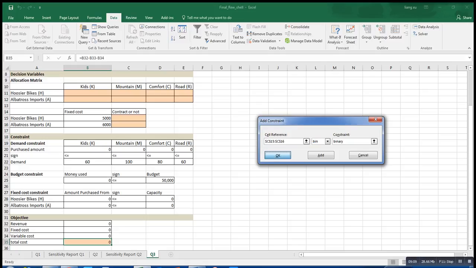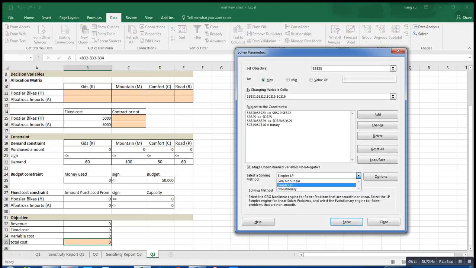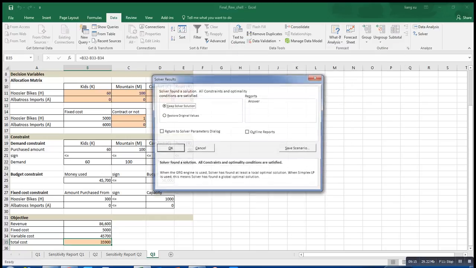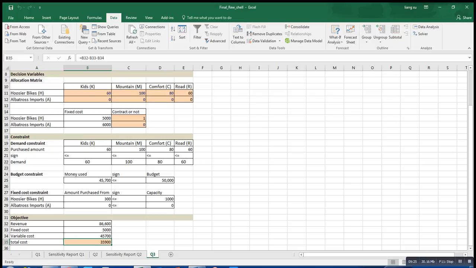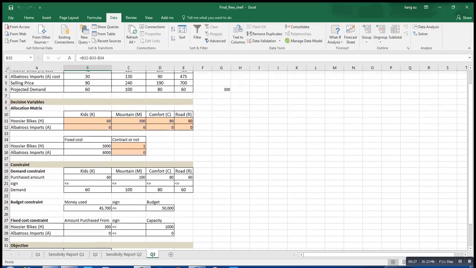We can press OK, use Simplex LP as our solution method, and click Solve. And we can get a solution. As you see here, we don't have a sensitivity report because once you have an integer variable, you don't get a sensitivity report. Press OK.